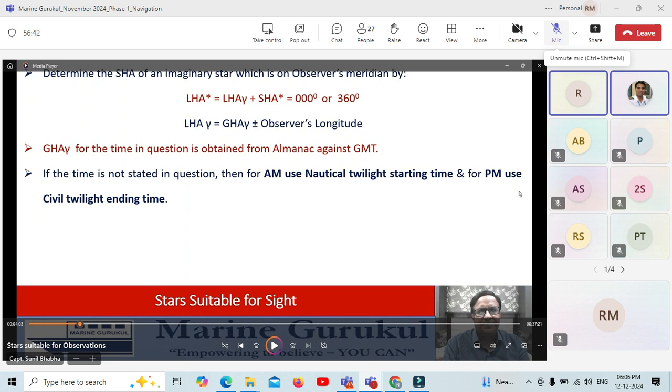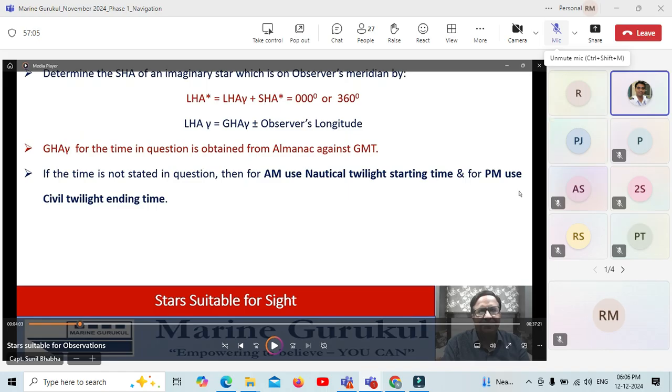But also when it goes above civil, the horizon is very clear, so we will not be able to bring celestial bodies. Sir, in the morning when nautical twilight starts, that time only we can see the stars, and in the evening we can see the stars till the civil twilight ending time.